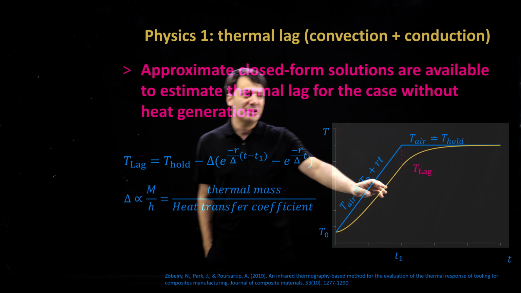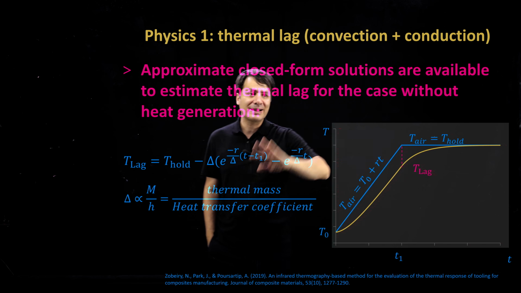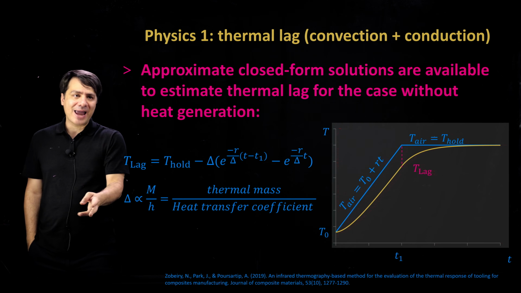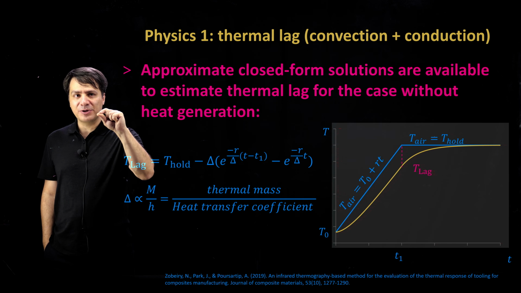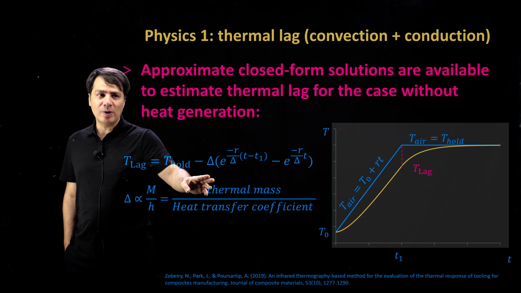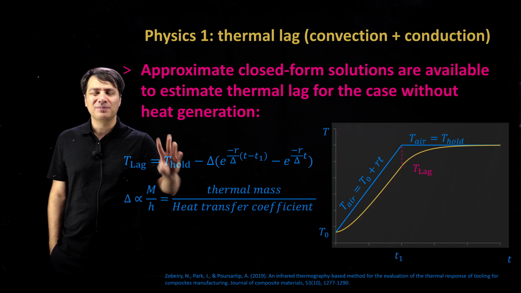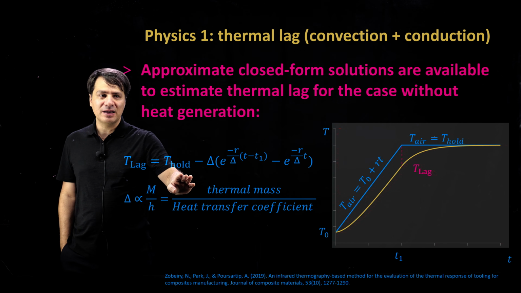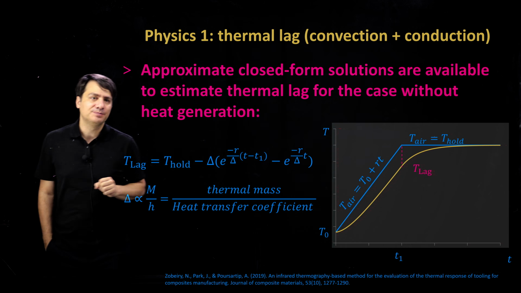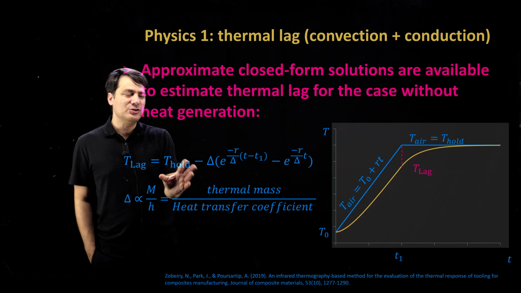If you just look at the conduction and convection, which is the yellow curve here, by neglecting the polymerization, the lag, the difference between the air temperature and the part temperature, is related to how much thermal mass you have over the heat transfer coefficient. It's not exactly linear, but it is correlated to M, which is the thermal mass over H. And that's the closed form equation again, if you're interested.